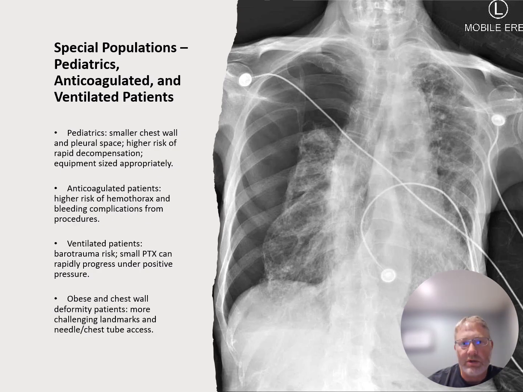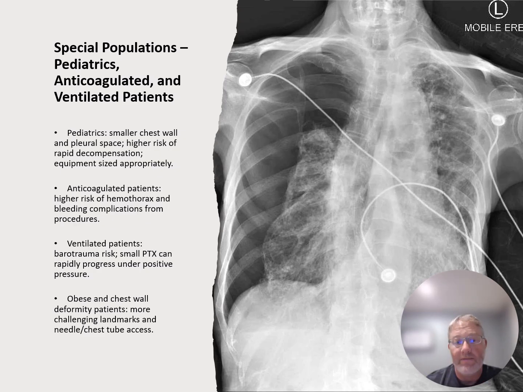Patients who are on anticoagulants, if they're on warfarin or heparin or a DOAC, are at higher risk of hemothorax and bleeding complications from both the pneumothorax itself and from any procedures that you do.